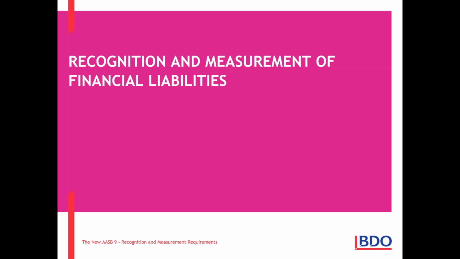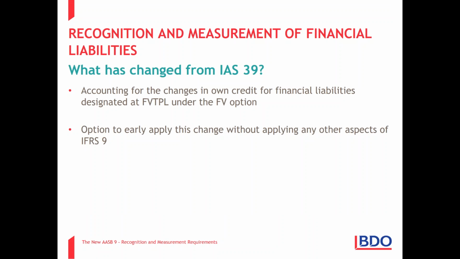If we look at the recognition and measurement of financial liabilities, this is where we've got a slight change. The change is accounting for the changes in own credit risk for financial liabilities designated at fair value through profit and loss under the fair value option. So what do I mean by that?